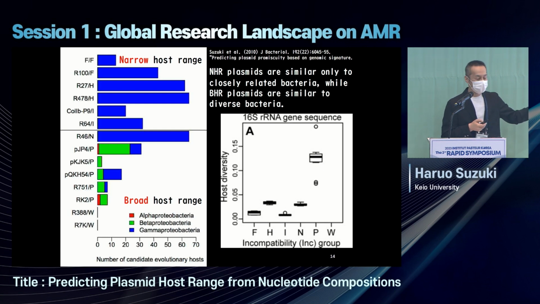We also quantified the diversity level of these candidate hosts based on 16S ribosomal RNA gene alignment, and the result shows IncP-1 plasmids show higher host diversity than IncF and other narrow host range plasmids.